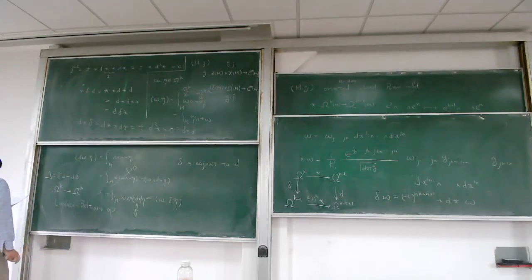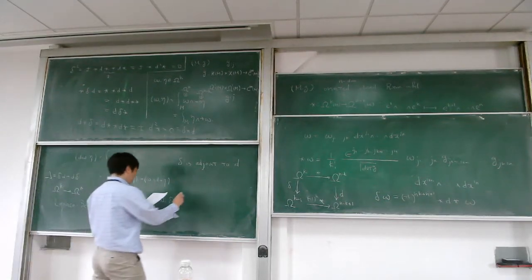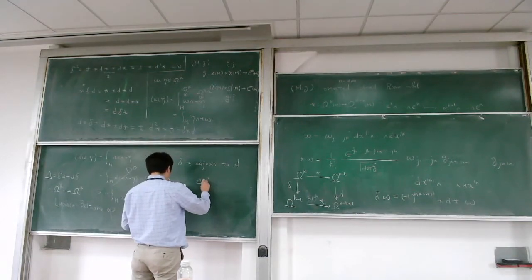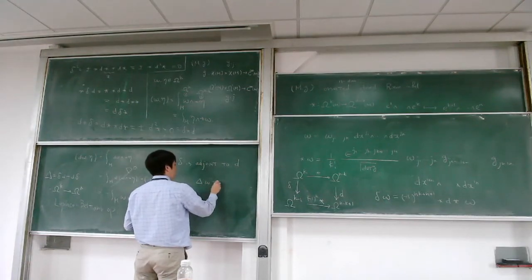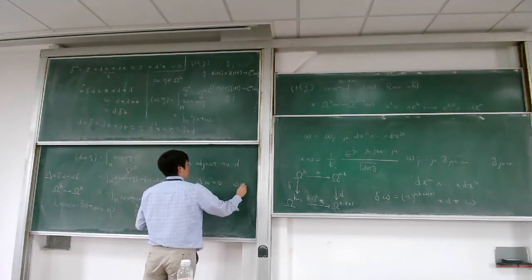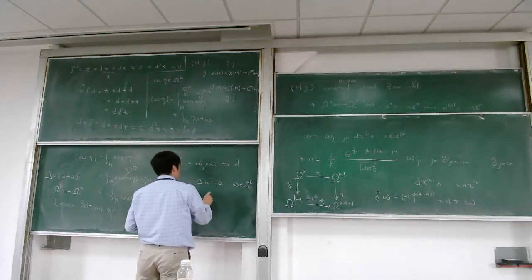And in general, if capital delta omega is equal to 0, then omega is called a harmonic form.